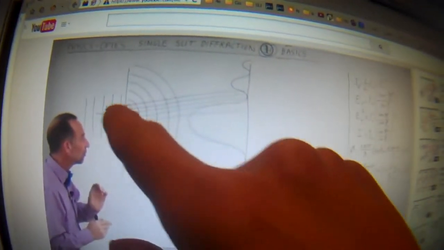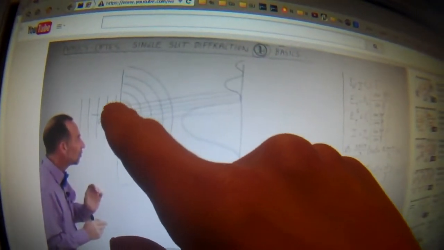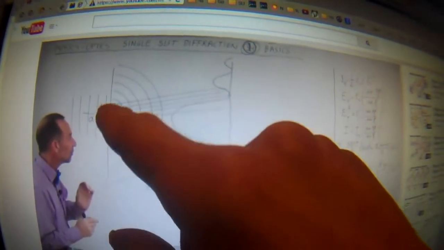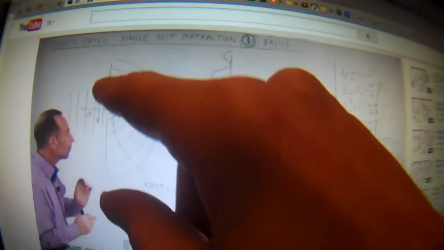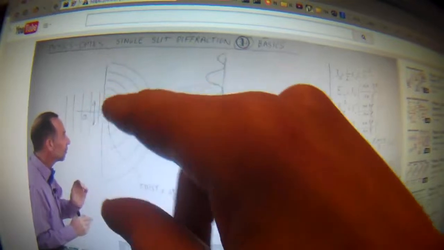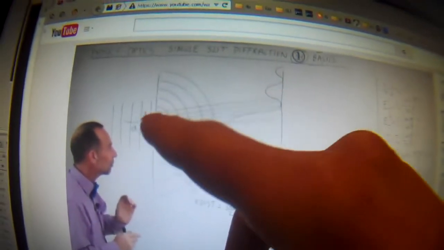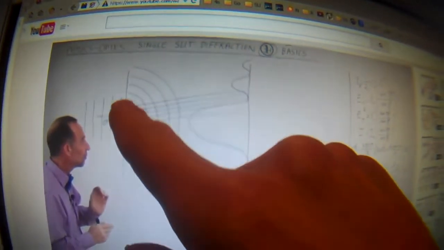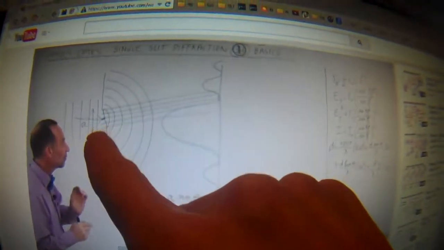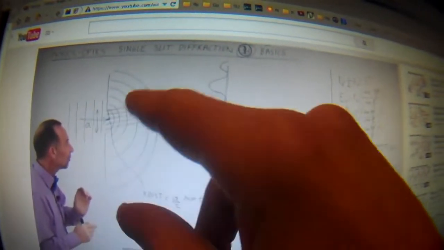And so my argument would be that anytime you come anywhere close to a material object, there is not a fine line where this is matter and this is not matter. All matter is surrounded by a field and a density of electrons. And so there's a density of electrons on the two sides of this slit. And those electrons are certainly capable of diffracting or bending light.